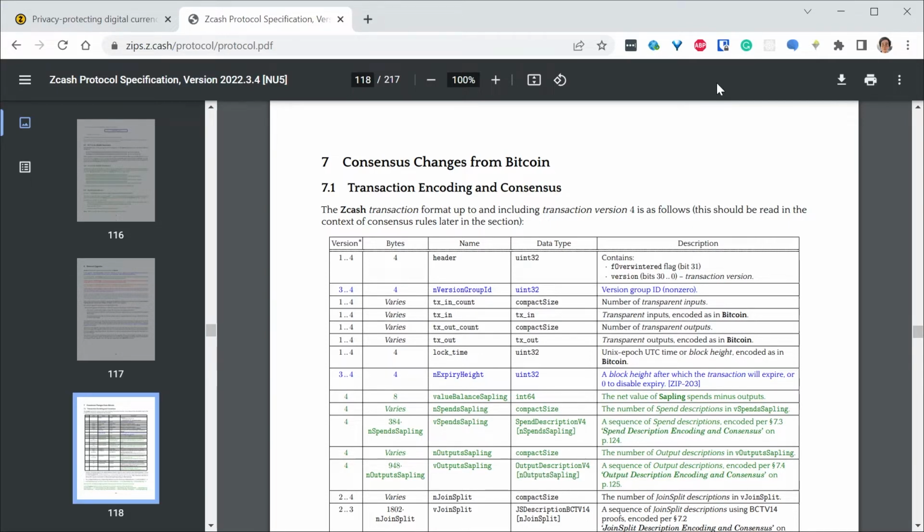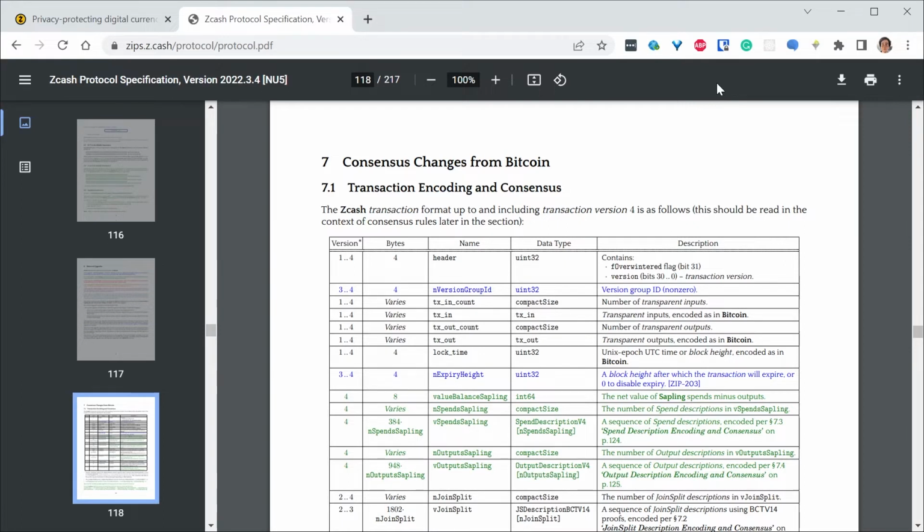So this unfortunately also affects transparent transactions. Even if you have a wallet that has nothing to do with Zcash shielded, so you're using, for example, a hardware wallet. A good example of this problem is actually Ledger, the hardware Ledger wallet, and to some extent also the Trezor, which suddenly stopped working.